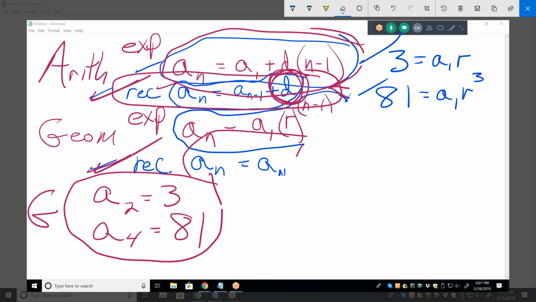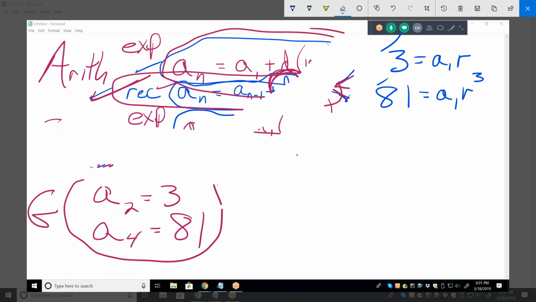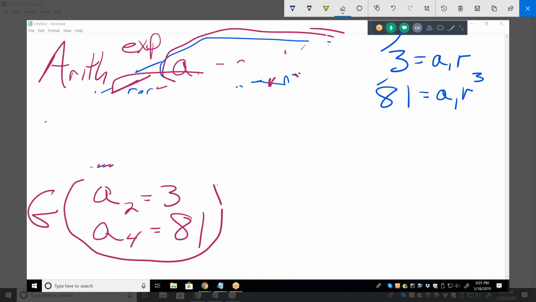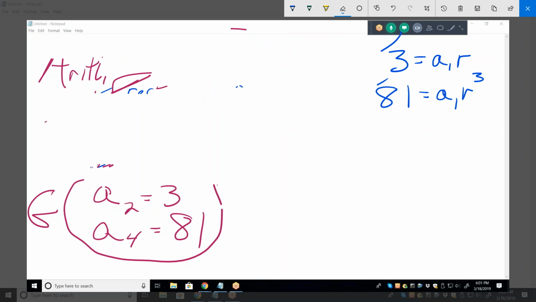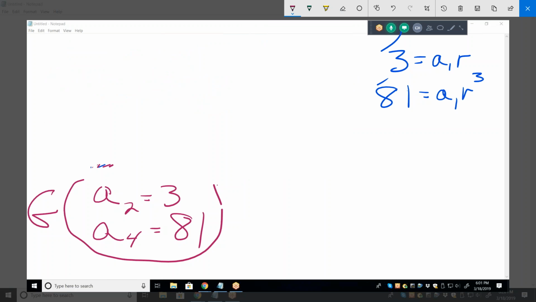I hope you've memorized these, because if you're going to memorize something, you're never going to memorize it if you're always looking at it. So how do I solve those two equations?